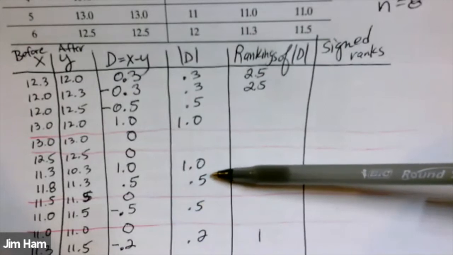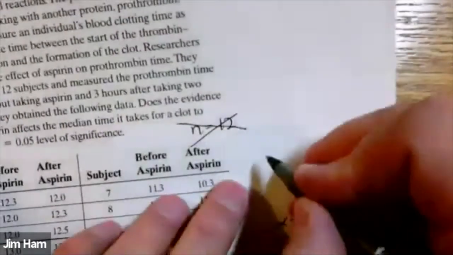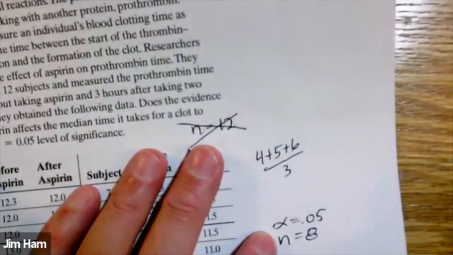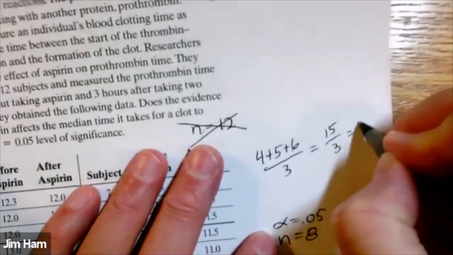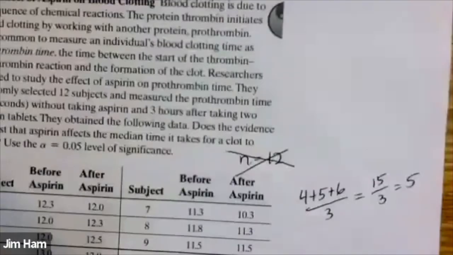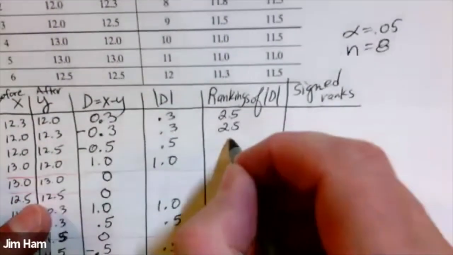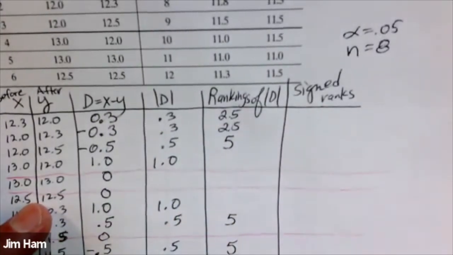We don't want to assign them 4, 5, 6, but we want to take 4 and 5 and 6 and split those rankings among the 3 0.5s. This is 15 over 3, which is 5. So instead of giving the rankings 4, 5, 6, we're going to give each of these 0.5s a ranking of 5.